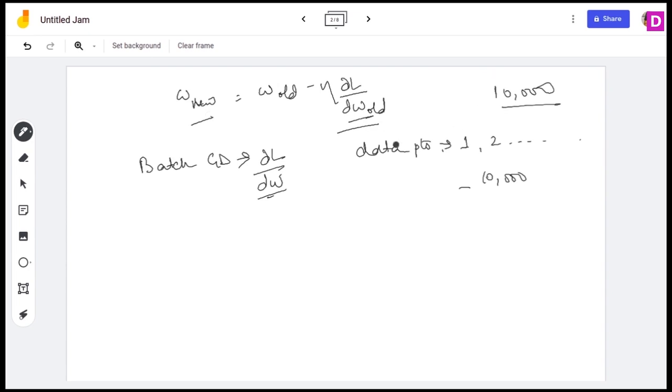So what is the problem with batch gradient descent? Well, the first thing you could think of is, since it has 10,000 data points and calculates the gradient for all of them, it becomes very slow.